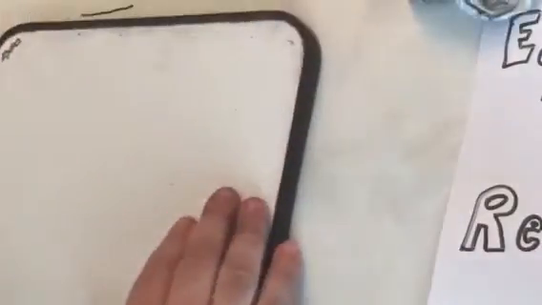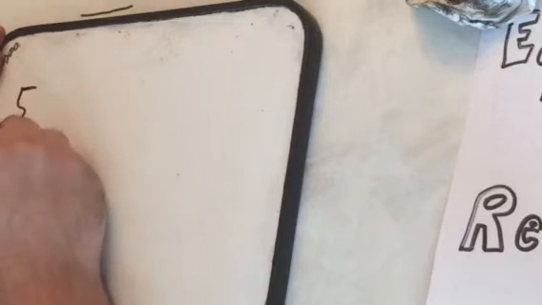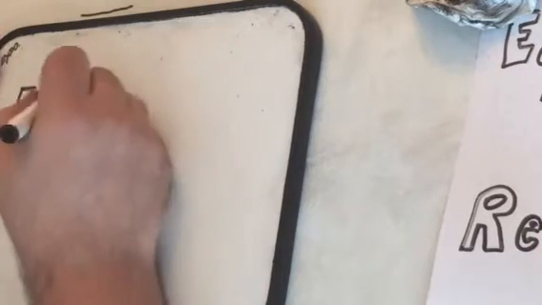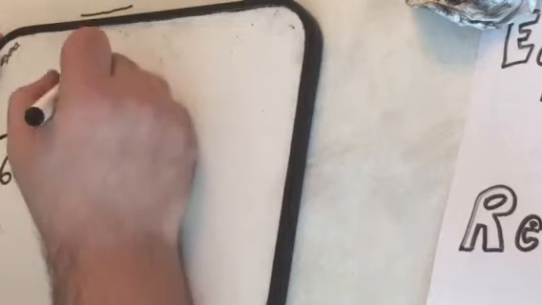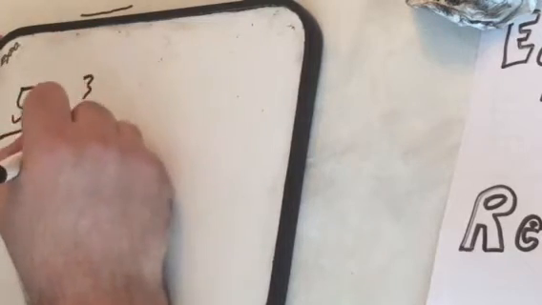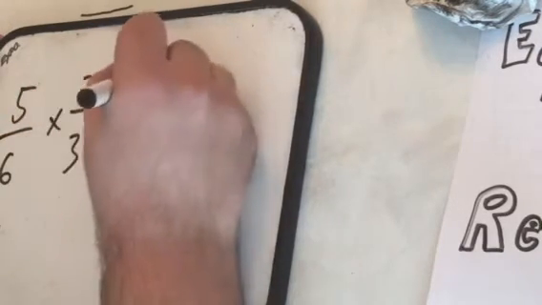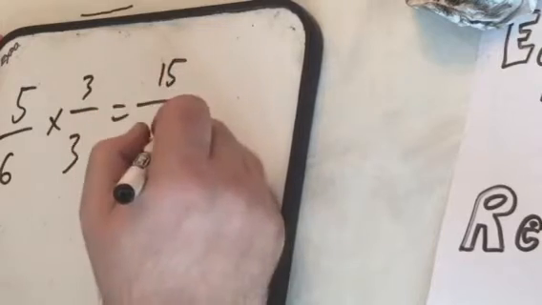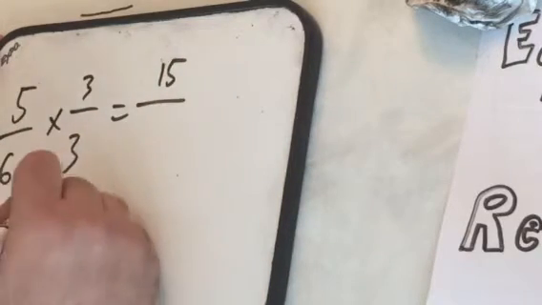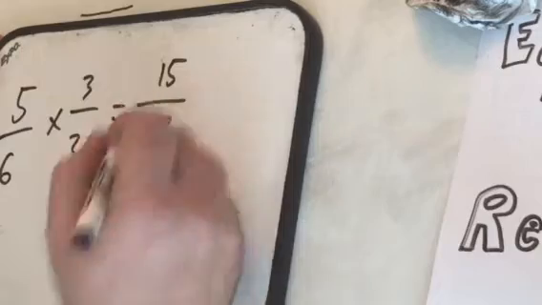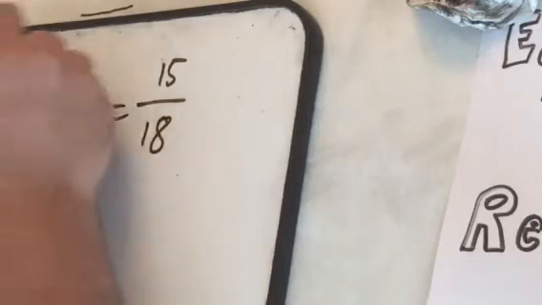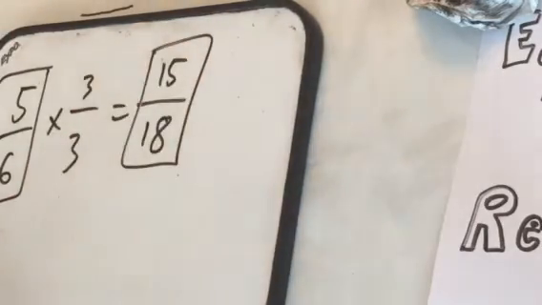Well, what if we have something weird like 5/6? And we say, let's multiply it times 3/3. Well, that would be 15. 6 times 3 is 18. 5/6 is going to be the same as 15/18.